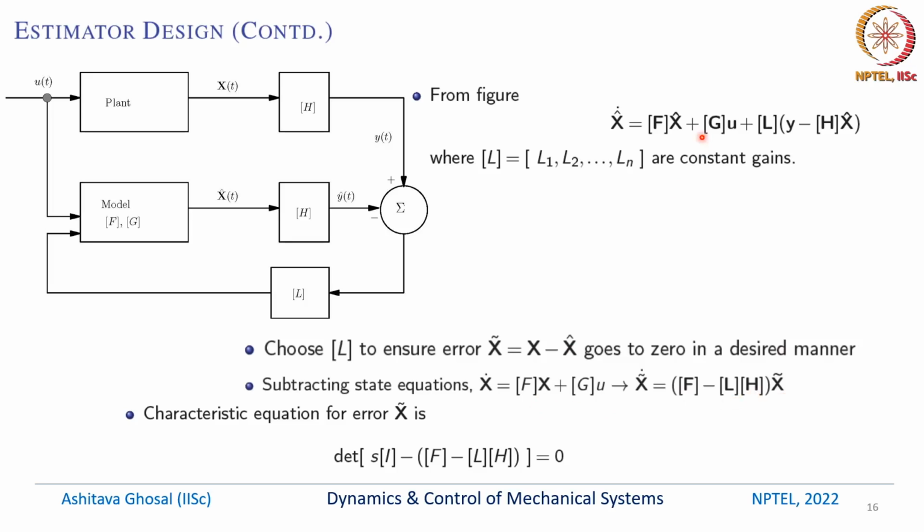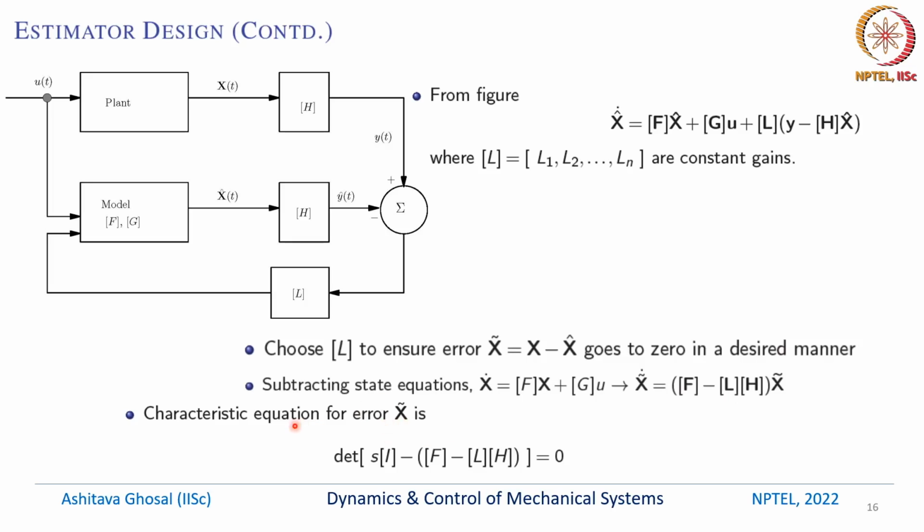Okay, so you can see that if I subtract x dot minus x hat dot, we will get x tilde. So the left hand side is x tilde dot, and then we have fx minus fx hat. So this will be f into x tilde and so on. So this is the error equation, or error in the estimate.